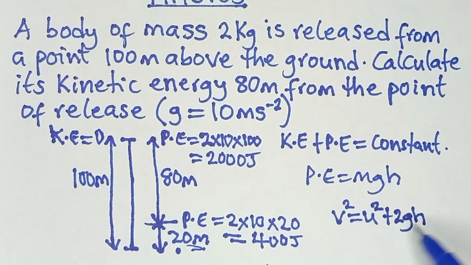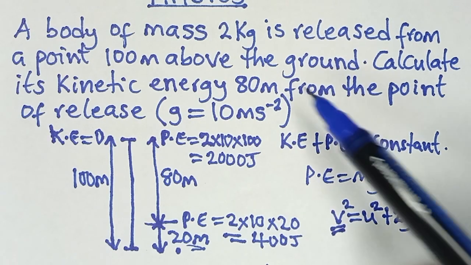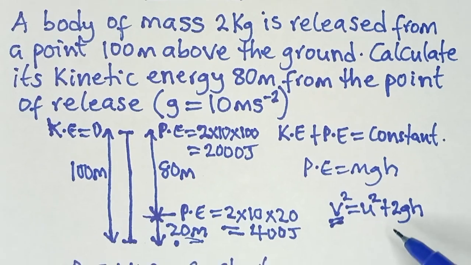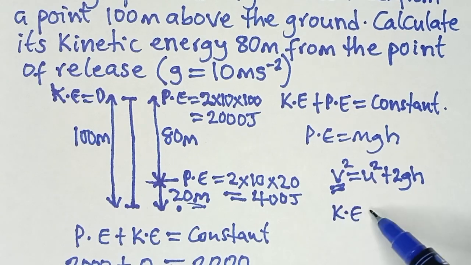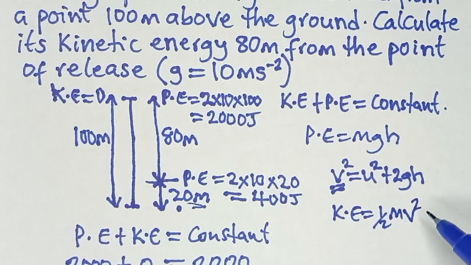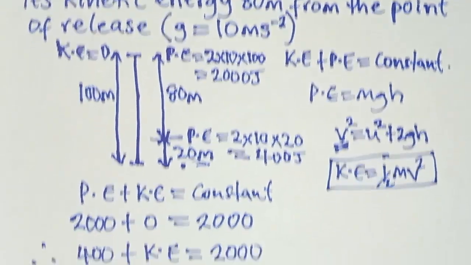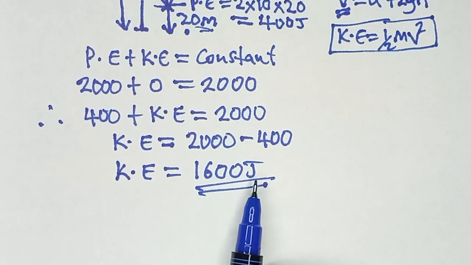You can use this equation of motion to find the final velocity at this 80-meter height. Now, after getting the final velocity, then you can now use the kinetic energy is equal to half mv squared. By the time you use this formula, it will exactly give you this final answer of 1600 joules.